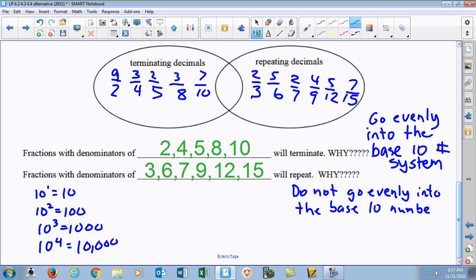Try putting those numbers into 10, 100, 1,000, 10,000, 100,000, and so on. They will not go in, which is why those at some point repeat. Okay? So that is why. So does every rational number have a decimal equivalent? Yeah, pretty much.